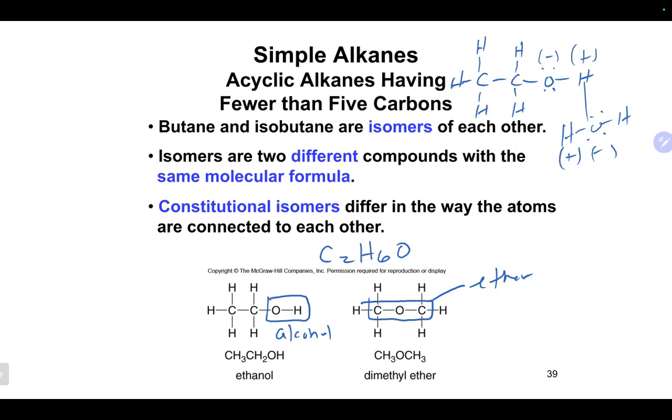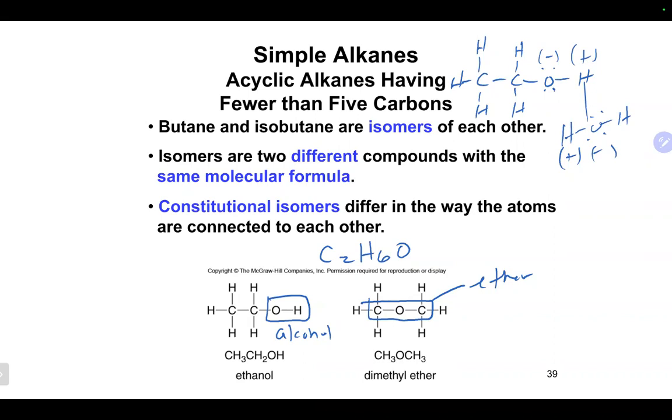The dimethyl ether there cannot hydrogen bond there because it doesn't have the ability to hydrogen bond with itself. So, you know, it has some different properties depending on sort of the connectivity that occurs. Any questions on that there?